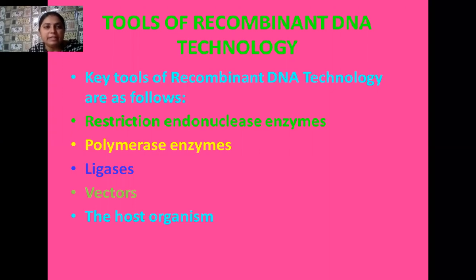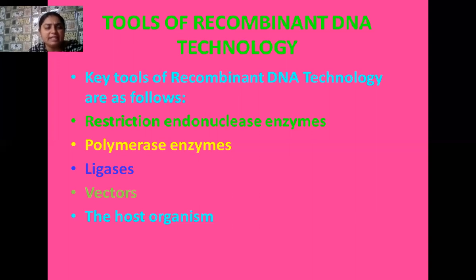And third one is the DNA ligase enzyme. So it is a very important enzyme, because you know that the alien piece of DNA and the plasmid DNA, if both are cut by the same restriction endonuclease enzyme, then both have the same length of base pairs, and these base pairs also have overhanging bases which are actually the sticky ends.